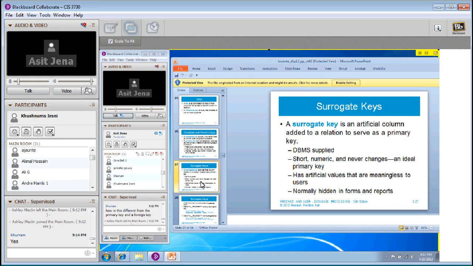A great example of a surrogate key is probably like when you go to a driver's license office and you're waiting for your number to come up, and they give you a card saying you're number 26.